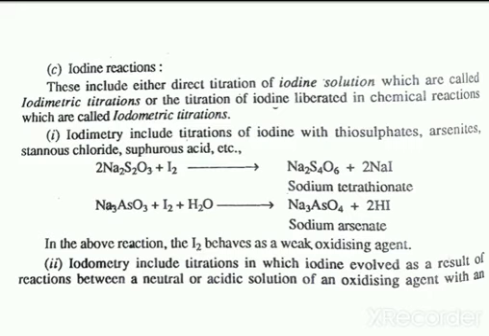In redox titrations itself, we have permanganometric titration, iodimetric titration, iodometric titration, cerimetric titration, and so on. In that series, we are going to discuss iodimetric titration and iodometric titration.